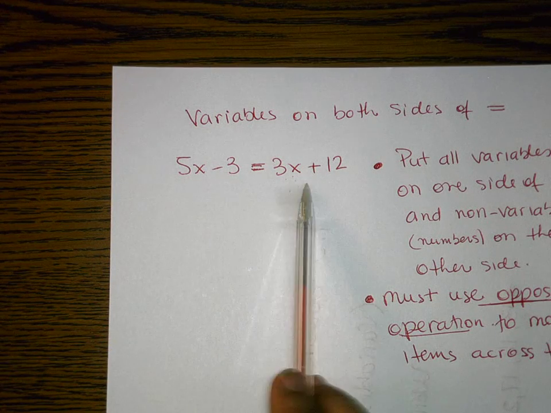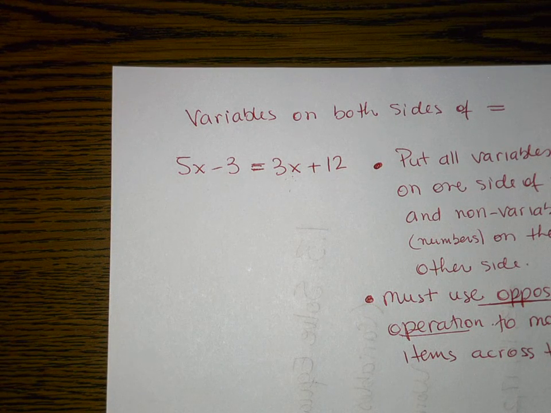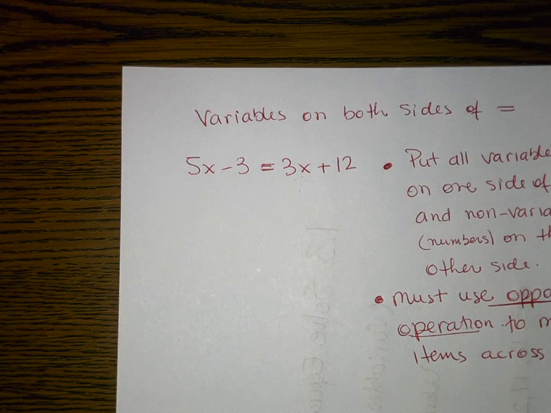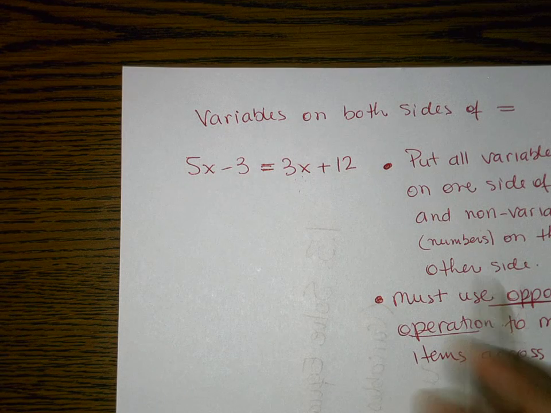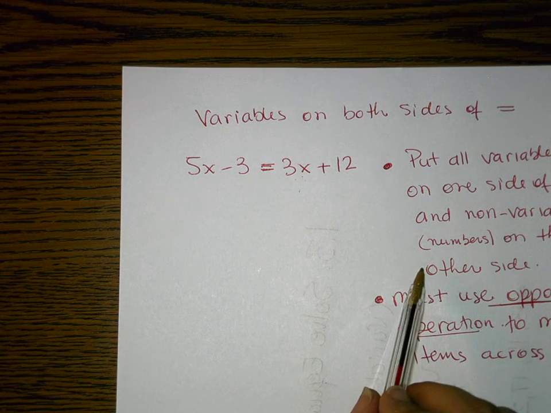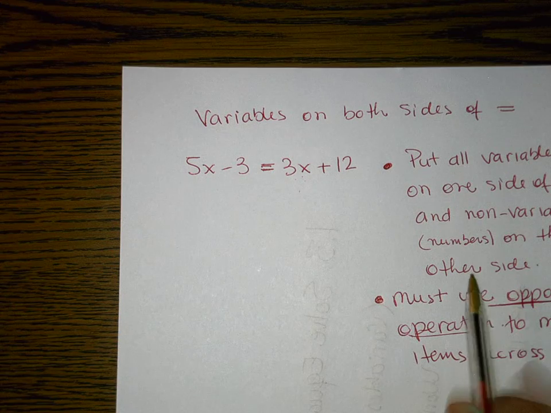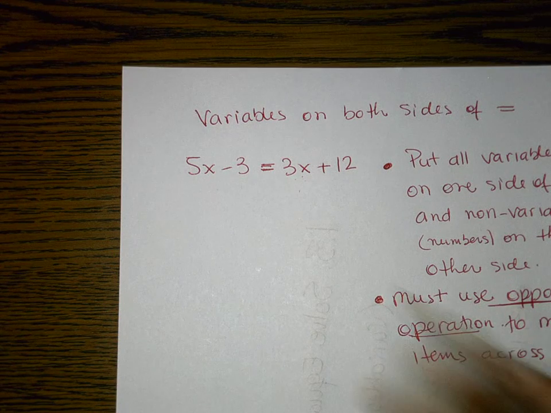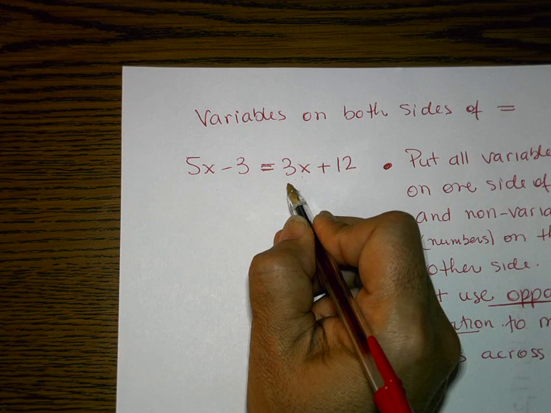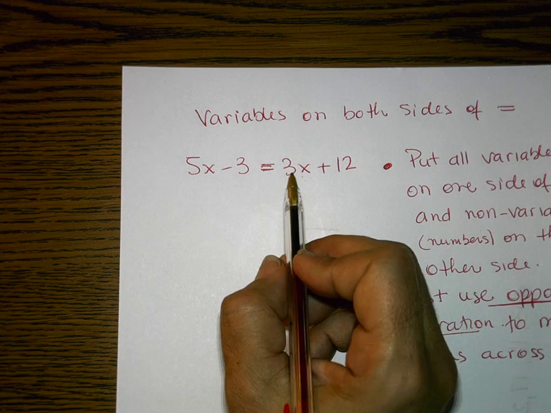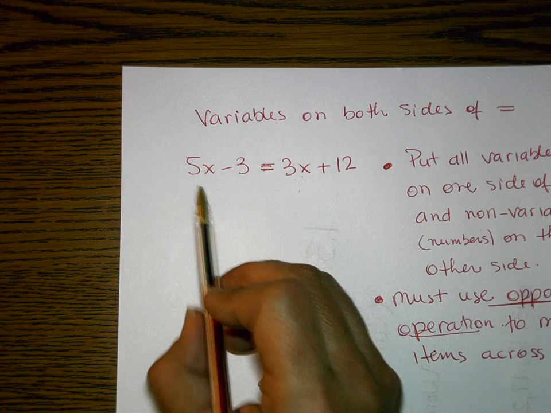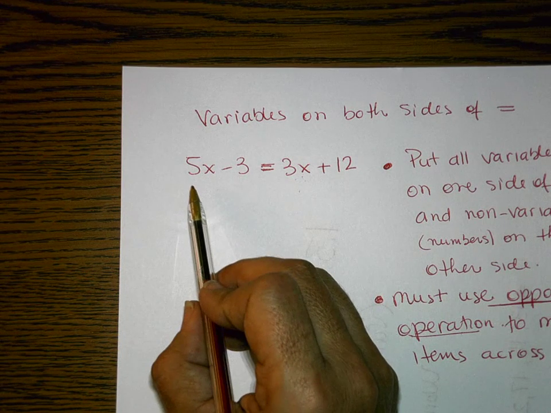Let's do an example. I just wrote this here. It's not going to be divisible, but let's just do it. I just made this up, so it's not going to be a nice, clean solution. Let's put the variables on one side and the non-variables on the other side by using opposite operations. I have a positive 3x. I like to move the smaller from the largest. That's how I always do it.